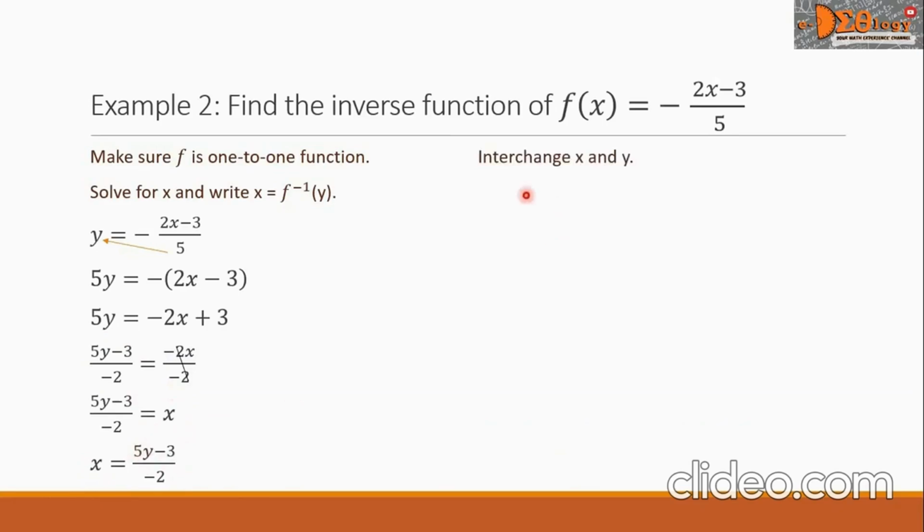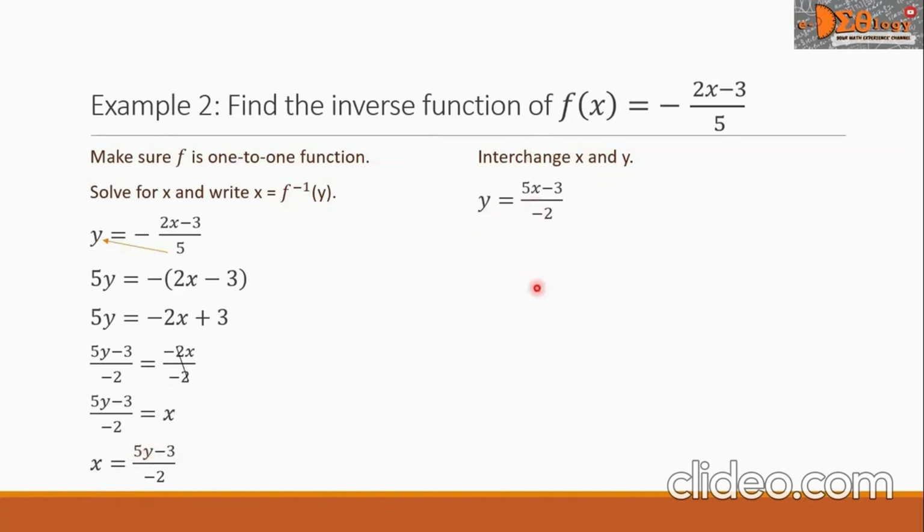For step 3, let us interchange x and y. It means we will copy this function again. We will write here, but we will change all x into y and all y into x. So you see now, the x here becomes the y, and the y becomes x.